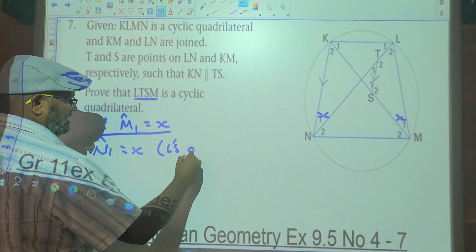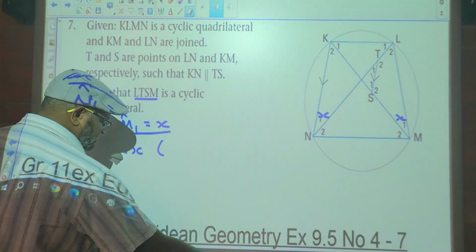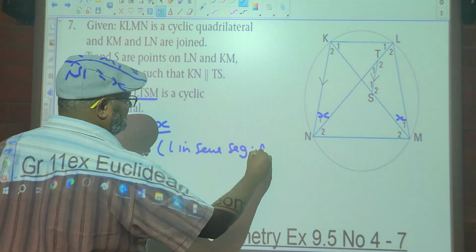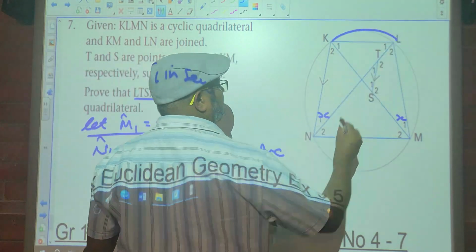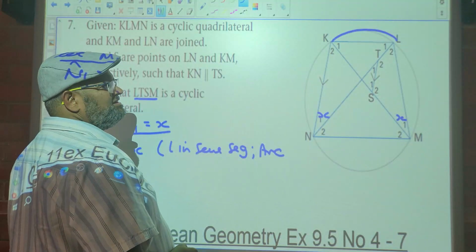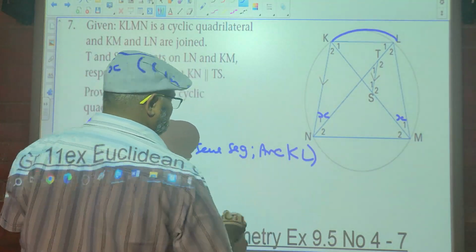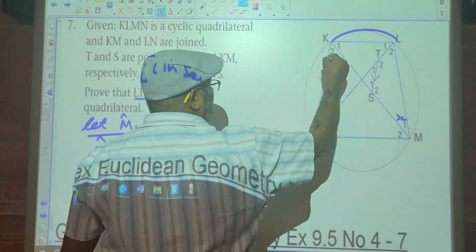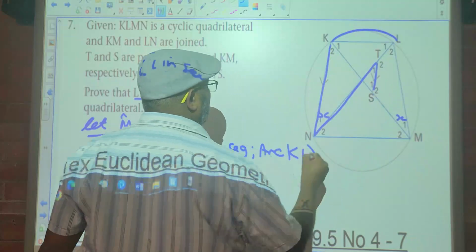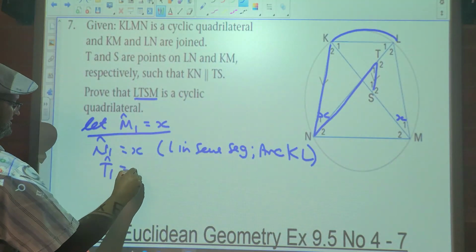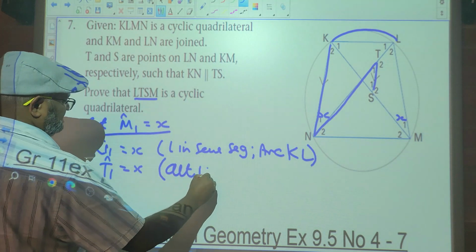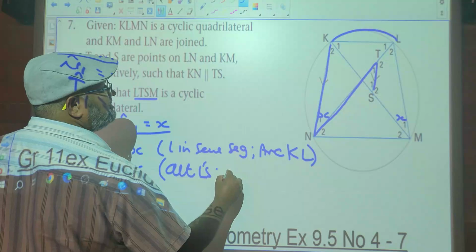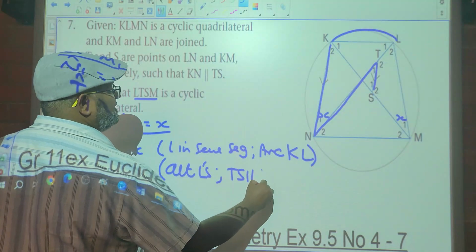Angles in the same segment, on the arc KL. Then what? T1 is equal to x. Alternate angles. So T1 is equal to x, alternate angles with TS being parallel to KM.